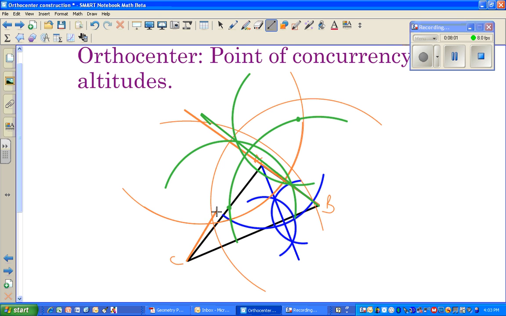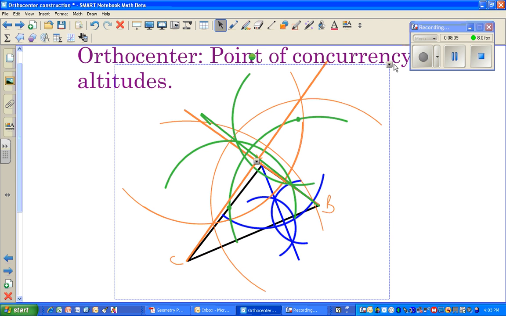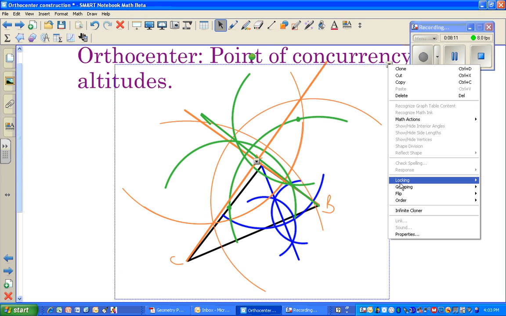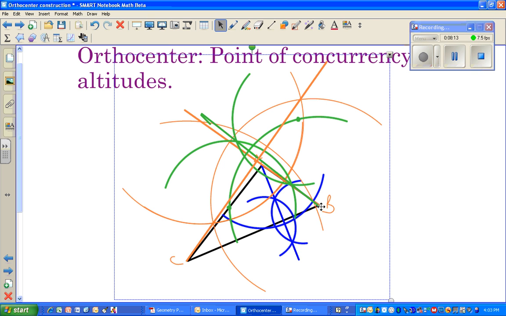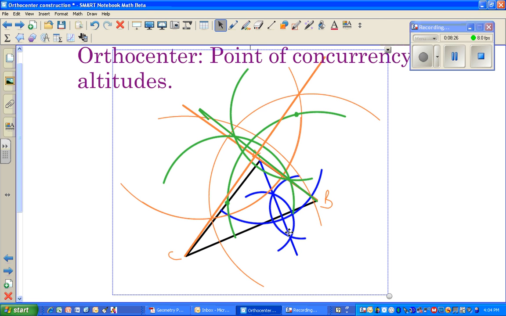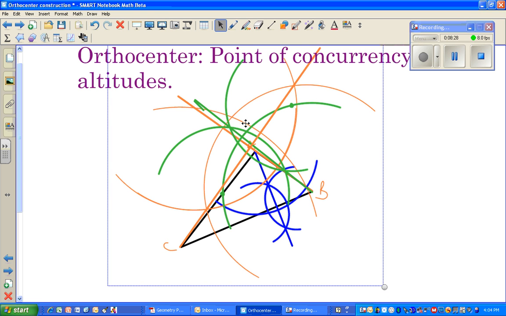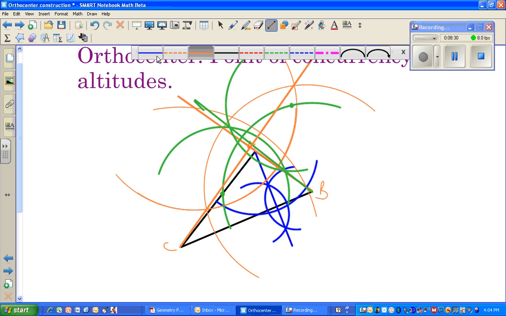So from C, okay, there's an intersection there, and then from A, take this segment, and extend it.